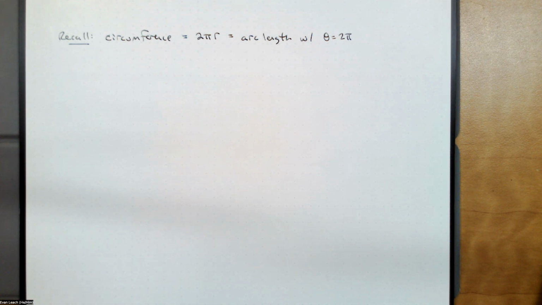So the circumference is just the arc length going all the way around. So if theta is equal to pi over 2, that's just that quarter of a circle. Arc length for a quarter of a circle.